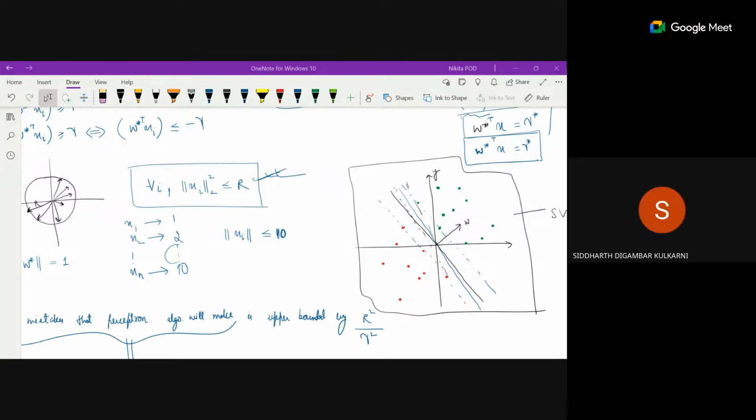But perceptron is not guaranteed to give the best. It will just give a line which separates the two sets of points with some gamma margin. That's a good point.